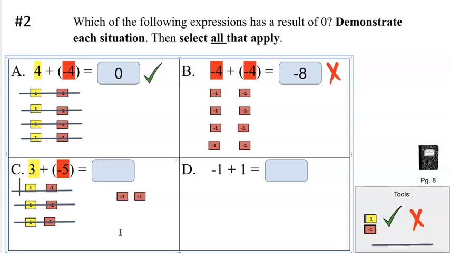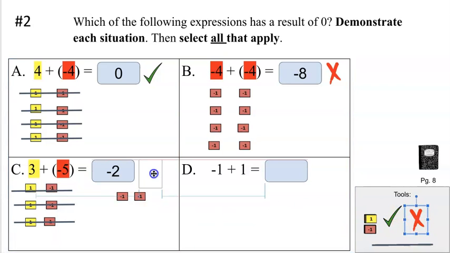That way there's my 0 pairs. Here are my 0 pairs, and then this is my answer. So I have negative 2. Negative 2 is my result. And that is not a 0. I'm looking for a 0. Select all that apply. Which of the following expressions has a result 0? That is negative 2. So that is not what I'm looking for. So I'm going to put an X there.